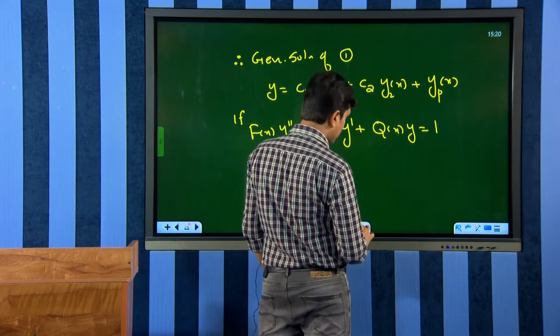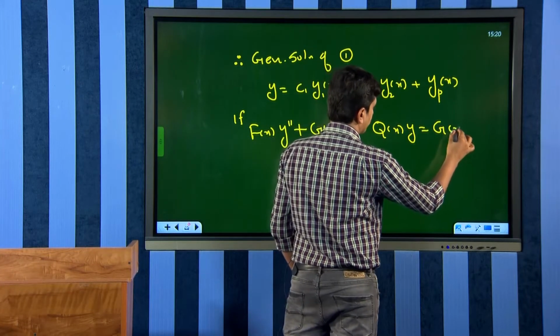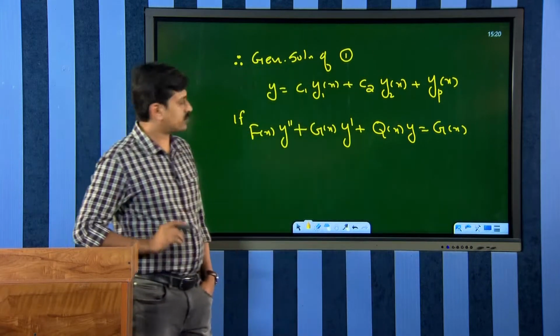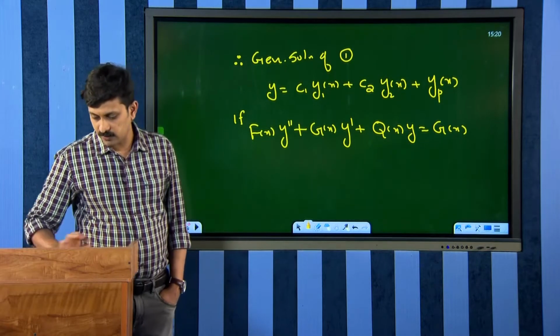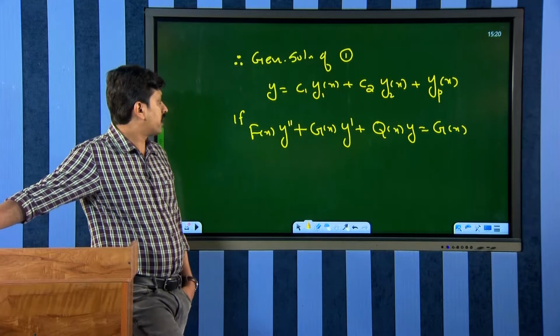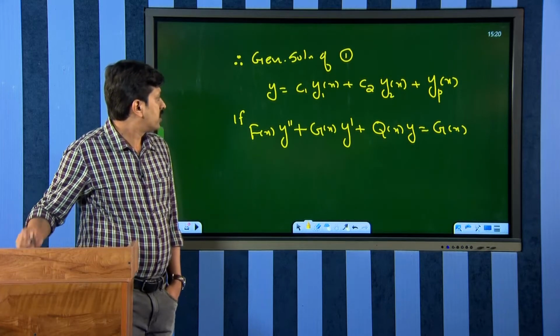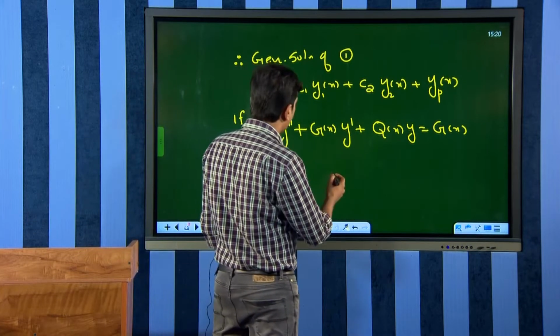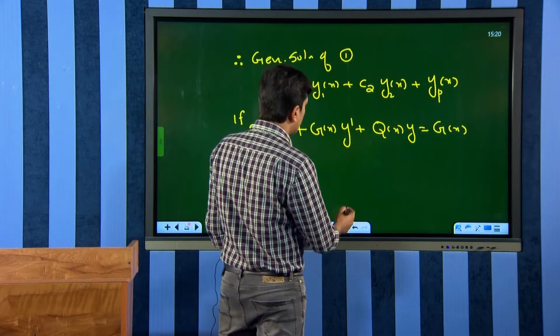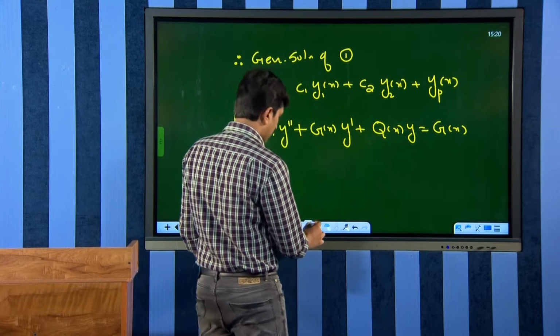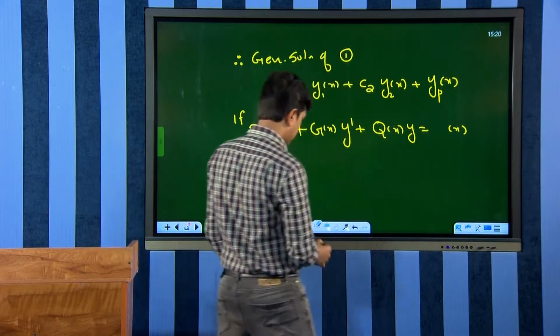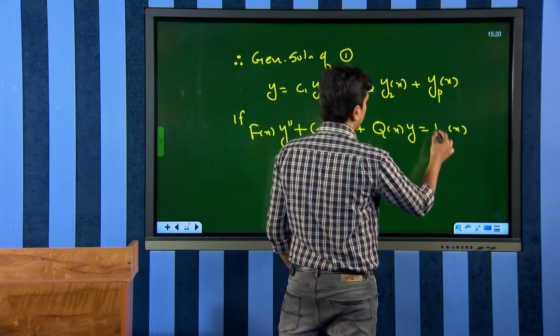This is also a non-homogeneous differential equation. Sorry, f of x, we already used g of x here once, so I would like to say this is equal to r of x.